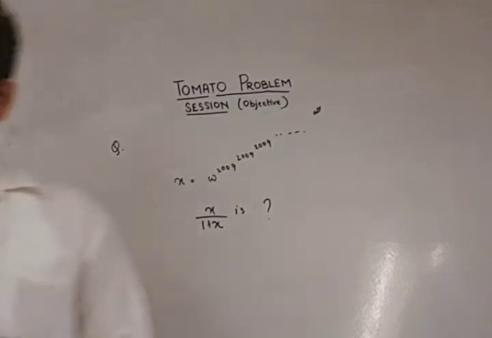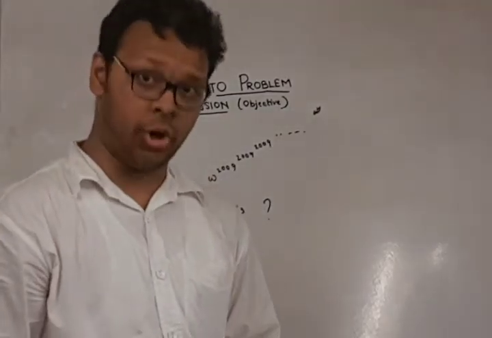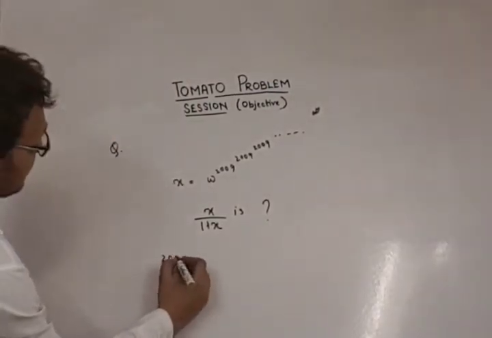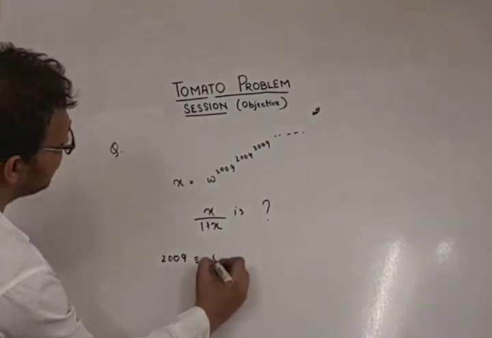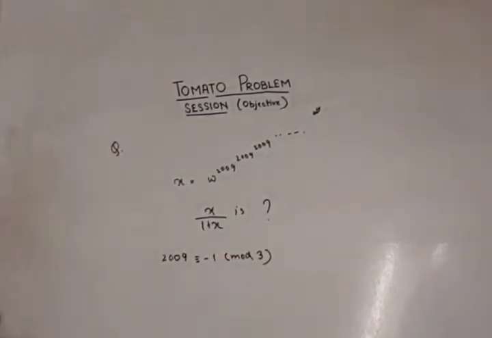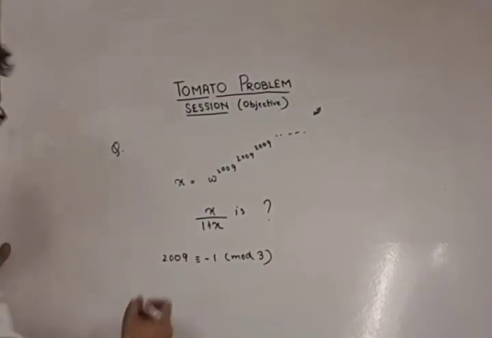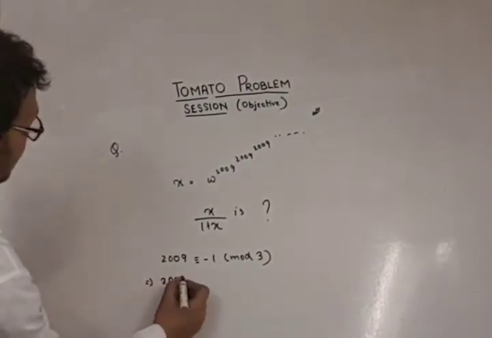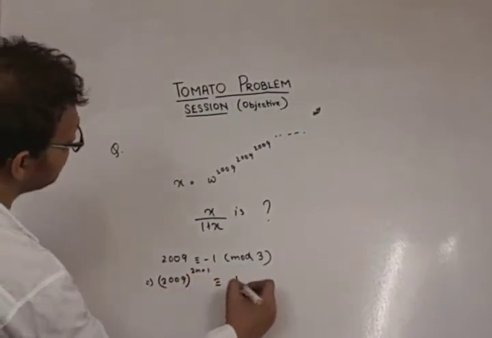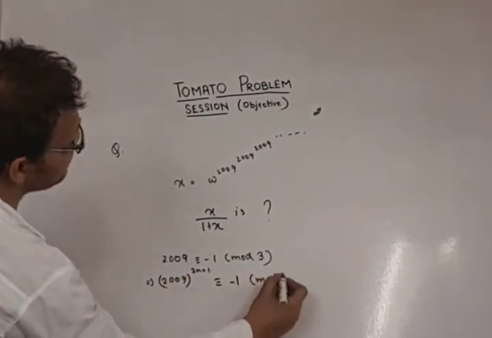Now you observe that any power of 2009 is odd. We see that 2009 is congruent to minus 1 mod 3, and if I raise it to the power of 2n plus 1, it is also congruent to minus 1 mod 3.